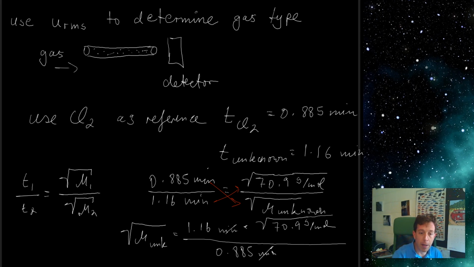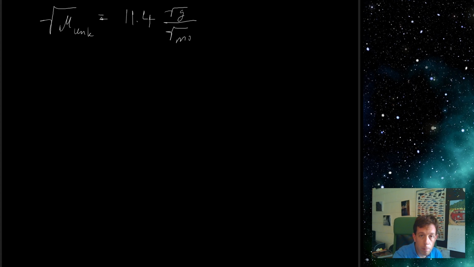So we end up with the square root of the molar mass of the unknown equals 11.4 square root grams per square root moles.